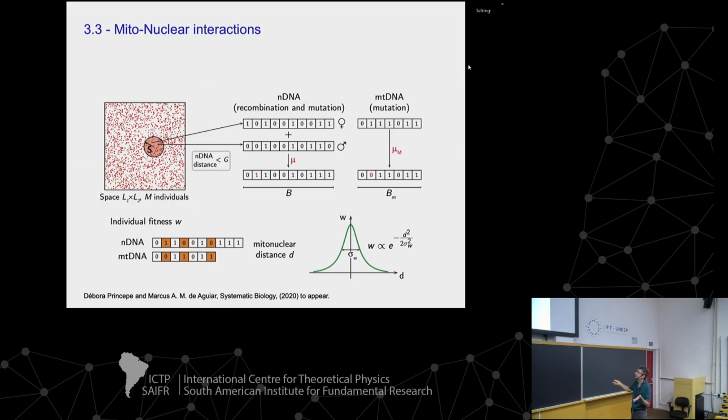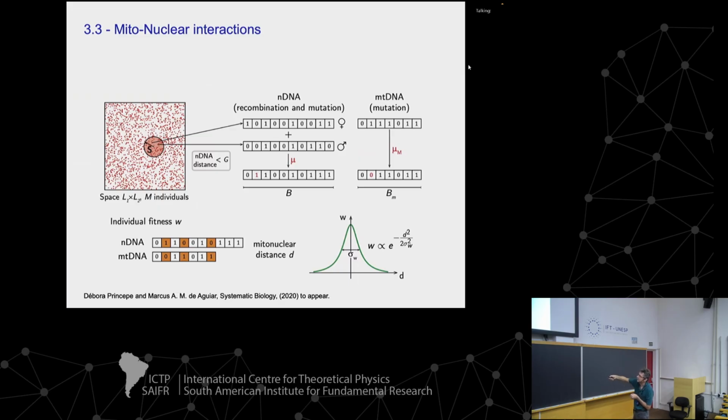So we did this model. Now we separated males from females. We added mitochondrial DNA that is transferred only from the female to the offspring, and the nuclear DNA is recombined. And we measured how matched these two pieces of DNA are.